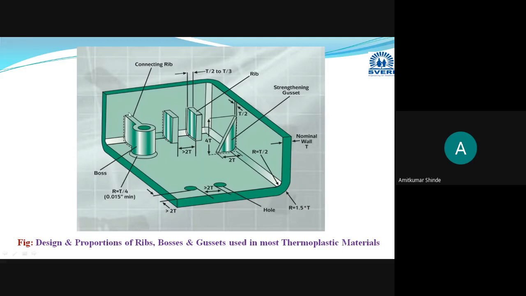Then the horizontal plate-like structure which connects that boss to the wall surface is the connecting rib, or simply the rib. These are rectangular in shape, and a similar structure that is triangular in shape is termed the gusset. Then this is the rib, and this is the boss.